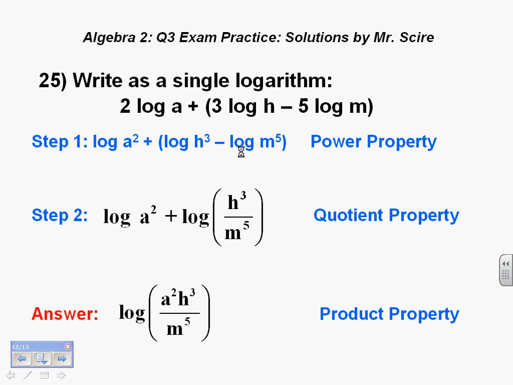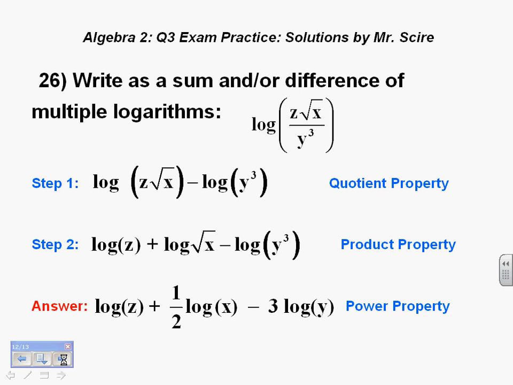Okay, these parentheses tell us that we are to group these two pieces together. That's the log of a difference, and that's going to give us the log of a quotient by the quotient property. Now we have the sum of two logs, so we're going to use the product property to combine those two into our final answer, the log of a squared h cubed over m to the 5th.